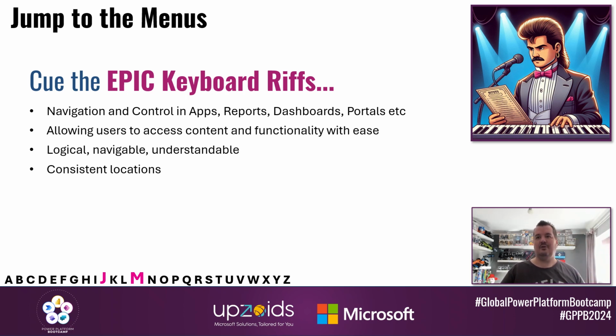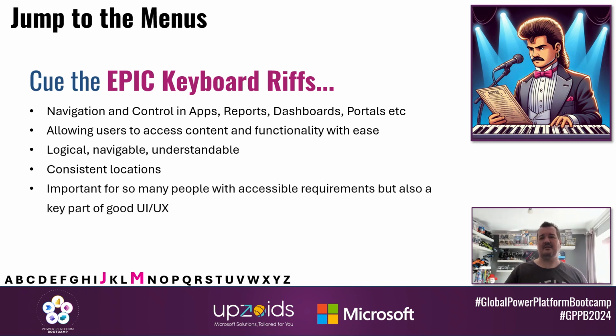It's not helpful for any users, but if you're using Magnifier, Screen Reader, or other technology, it's not helpful if things move around. So be consistent. It is a really, really key part of a good user interface and user experience. It's really important for people with accessibility needs.